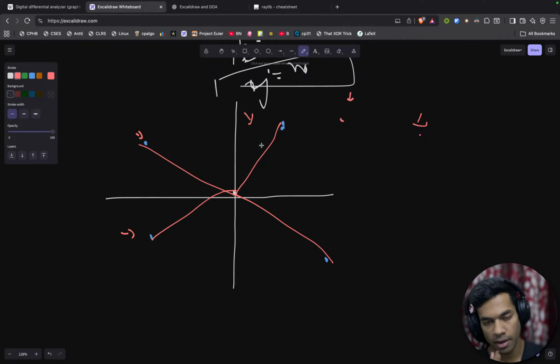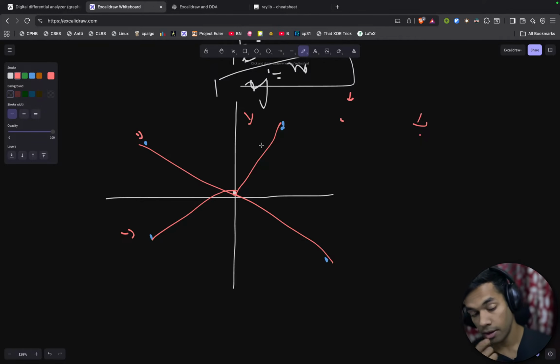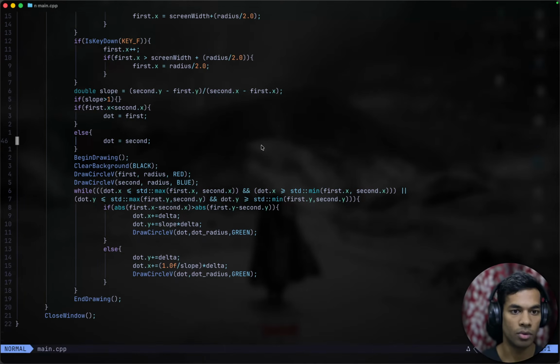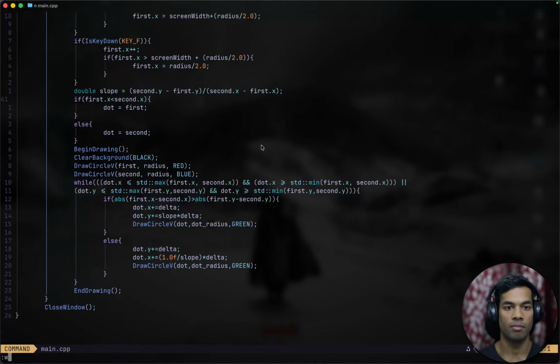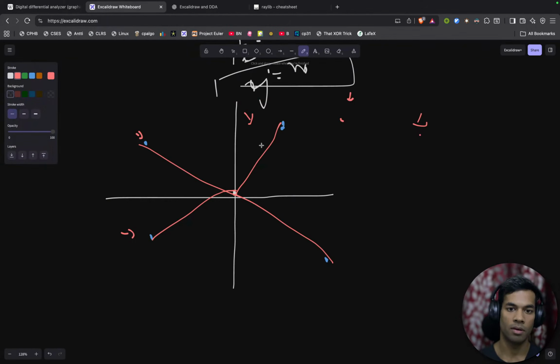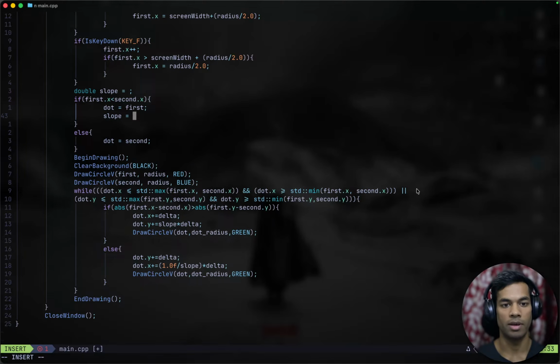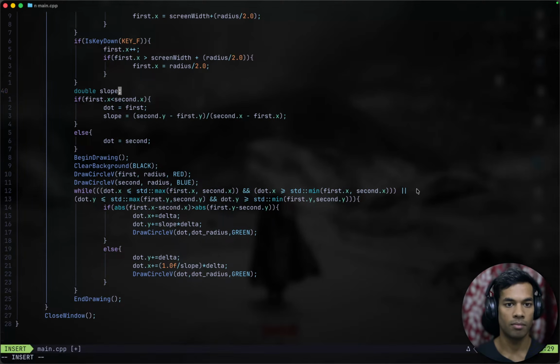And according to the starting point, we have to change the slope. So, yes, this makes sense. Okay, if this one is on the left, then slope equals this thing, right?